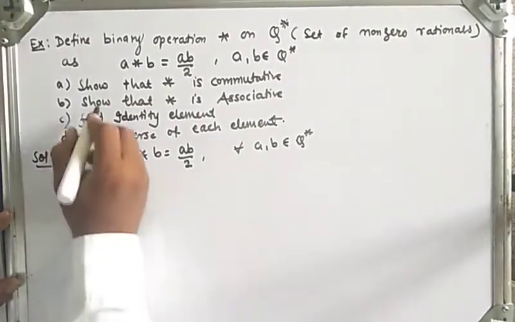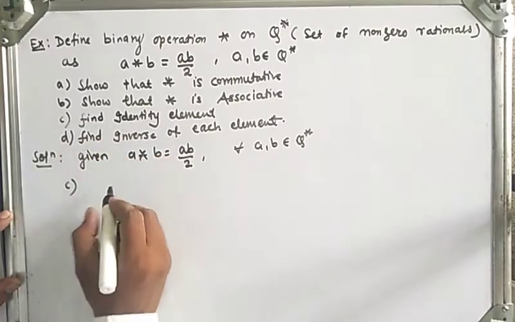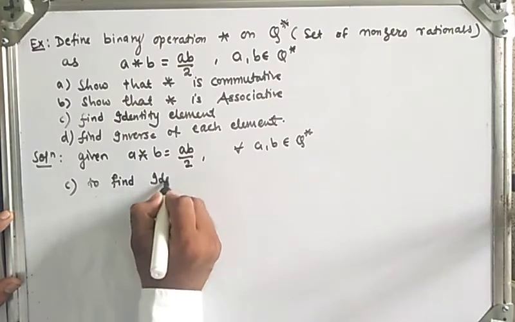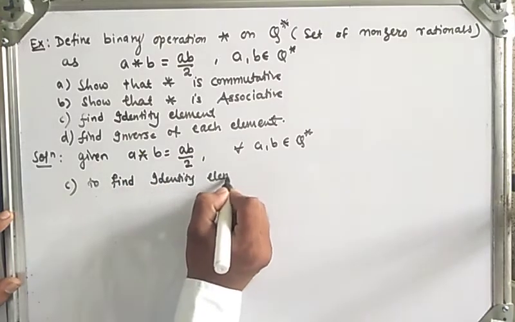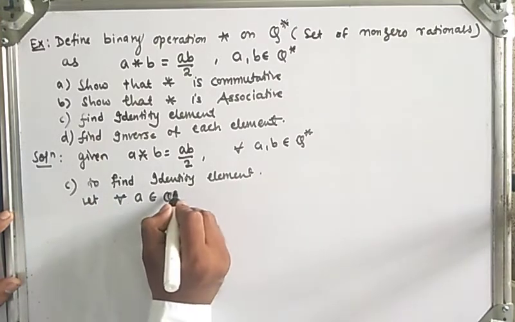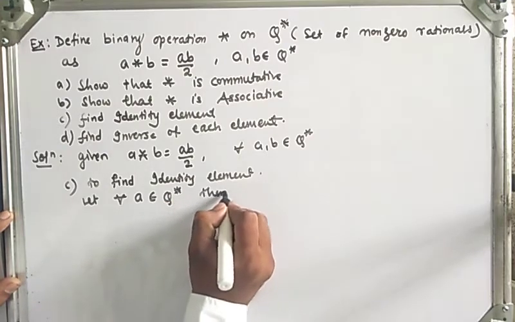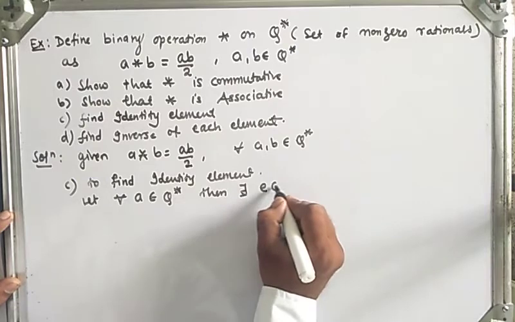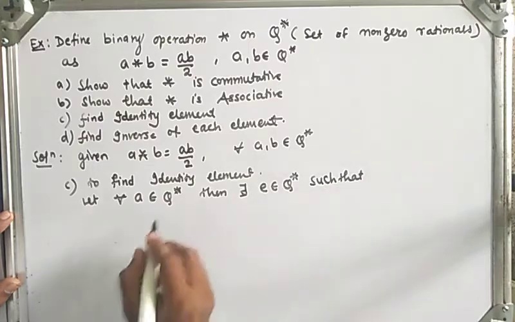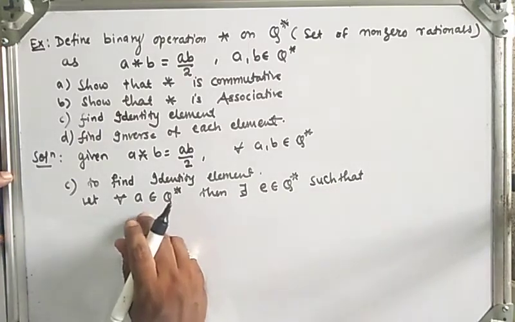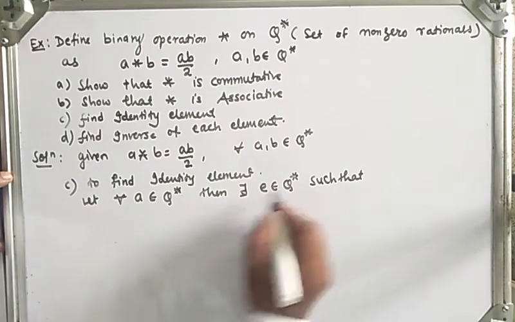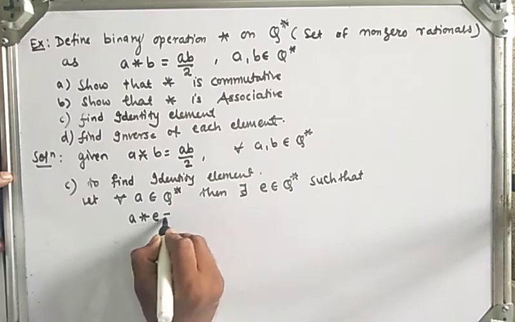Let there exist an identity E belonging to the non-zero rational numbers such that for any non-zero number a belonging to that set, a star E is equal to a.